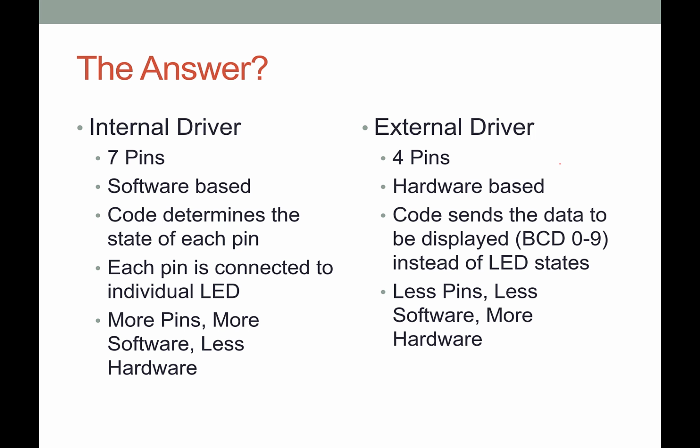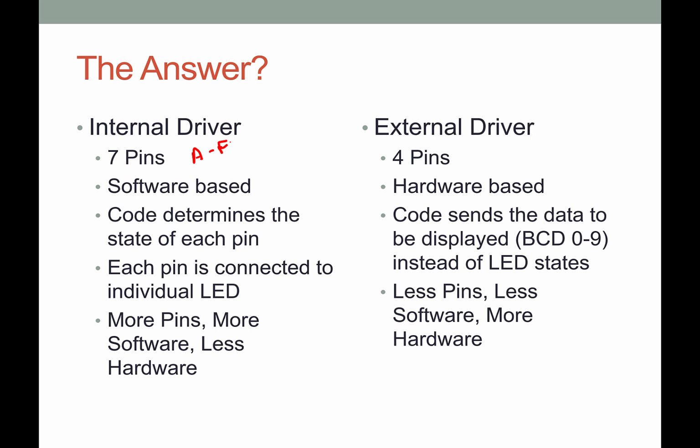The internal driver, it says, for our 7-segment display is basically done with just 7 pins. Now, what it's talking about is just the A, B, C, D, E, and F. That's all this is trying to say right here, so A through F. Not talking about ground or anything like that.